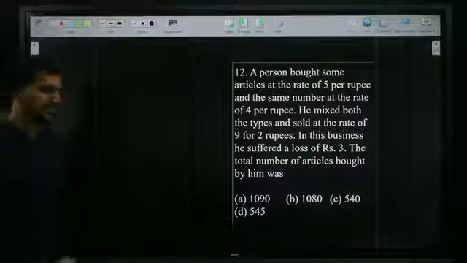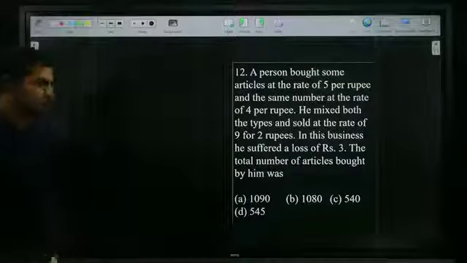I am waiting for the response. So what is the answer for this question? Anyone?